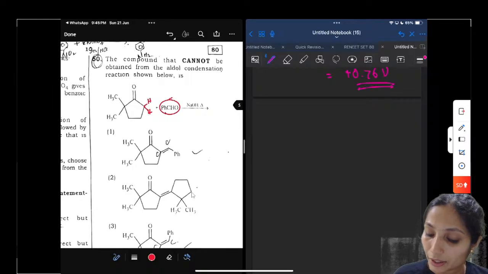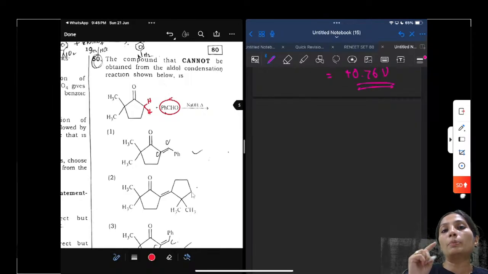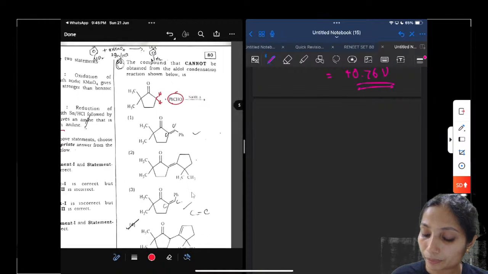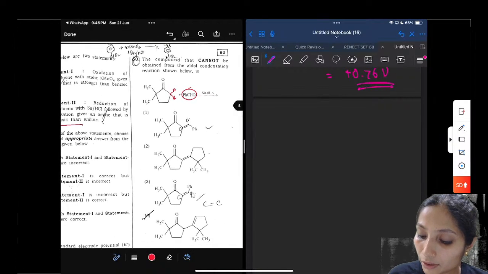And we know an alpha beta unsaturated aldehyde will be produced. Now check the options. See, here this is the alpha carbon, this is the beta carbon. I have alpha beta unsaturation.